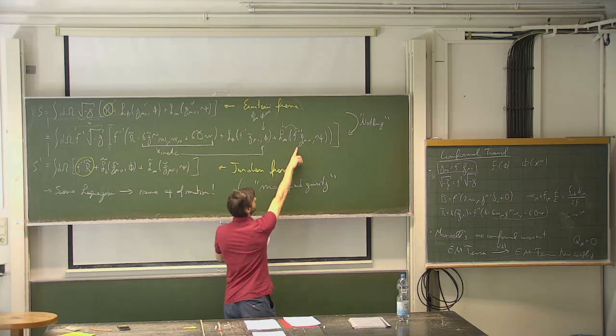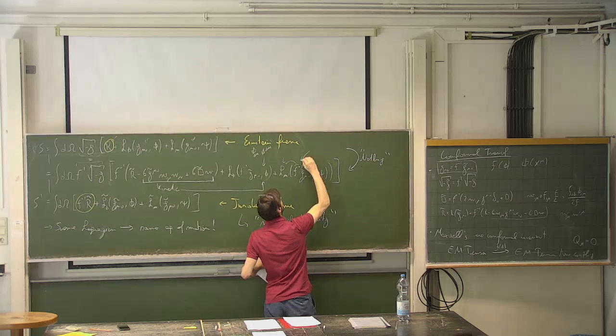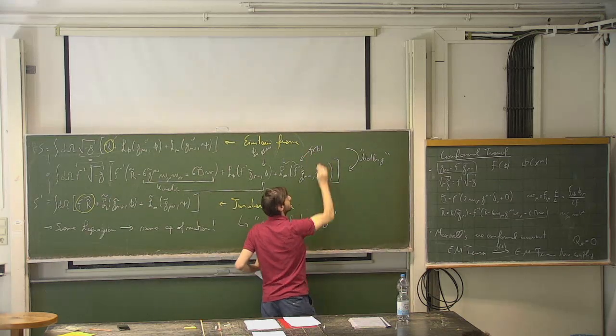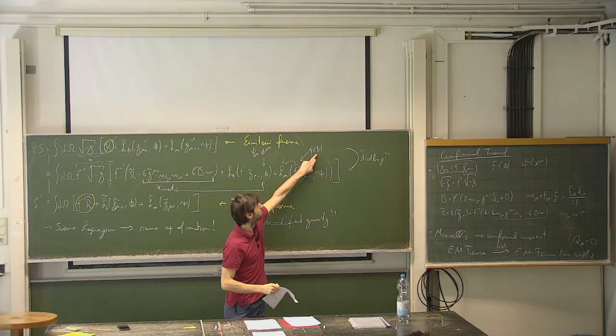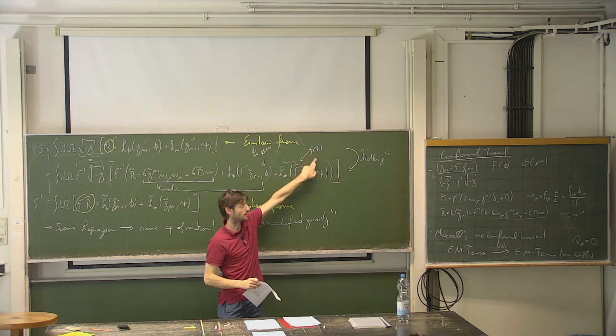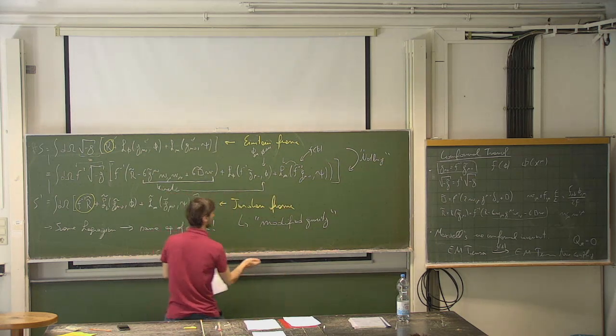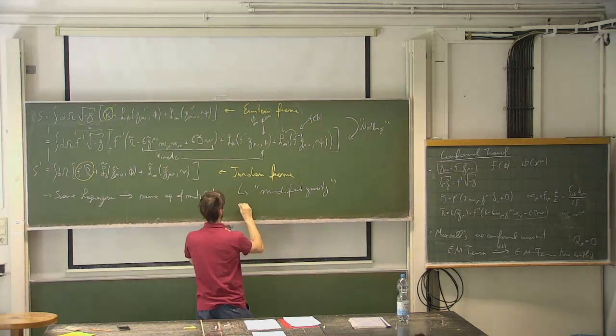Look at this expression. What do you have here? You have an f of phi. We introduced a coupling between the scalar field phi and the matter field. We have an interaction. We have coupled dark energy, or a coupled field in general.